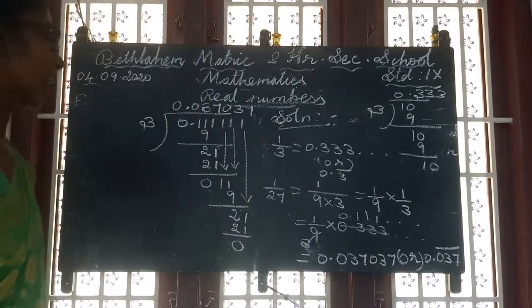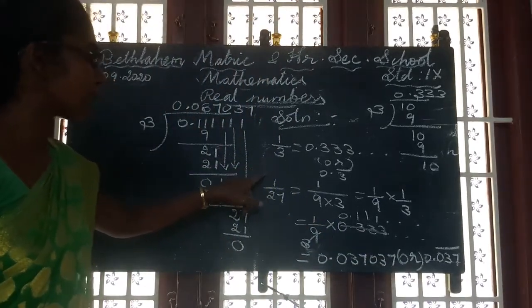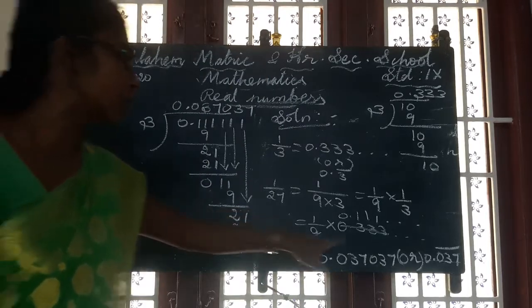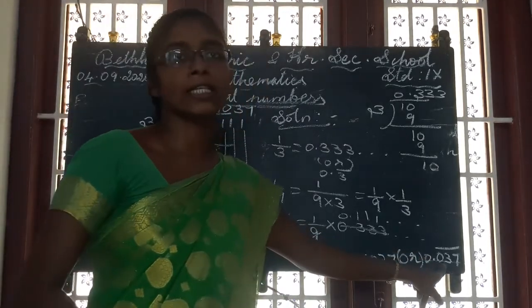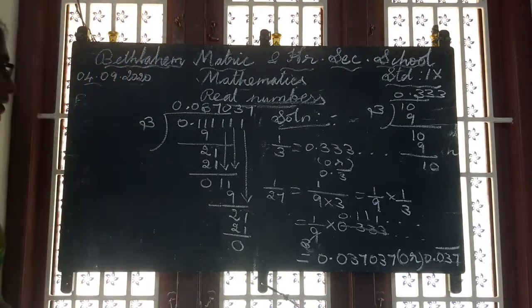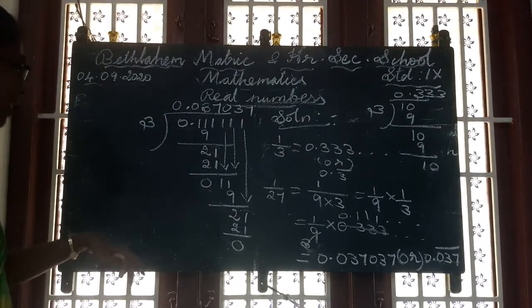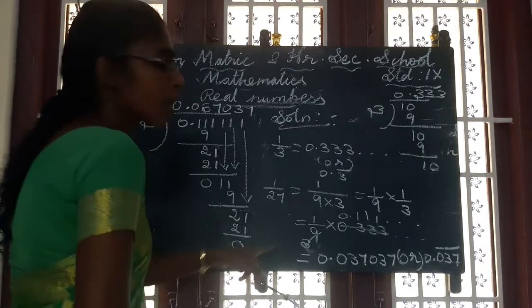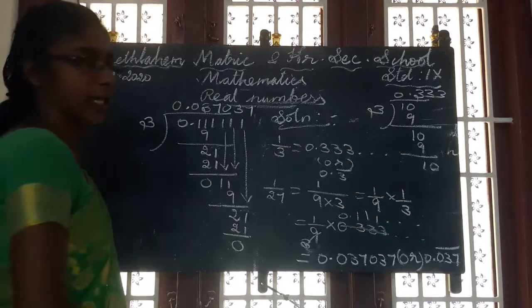So what is the decimal expansion of this? 1 by 27 is equal to 0.037 bar. Next, using this, we want to find out the decimal expansion of 59 by 27.